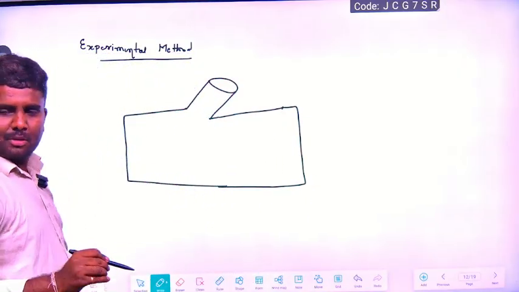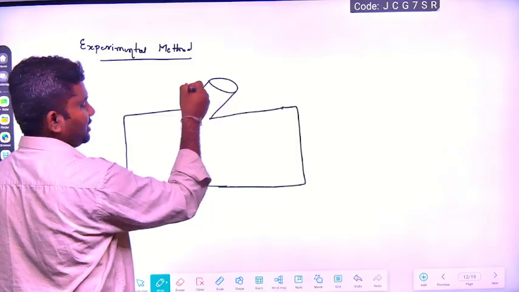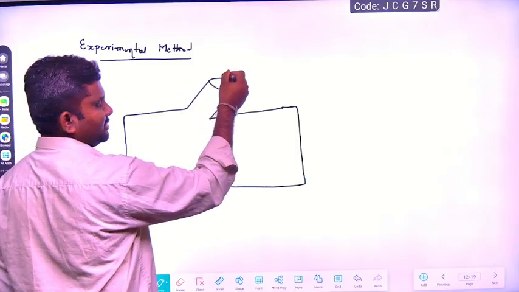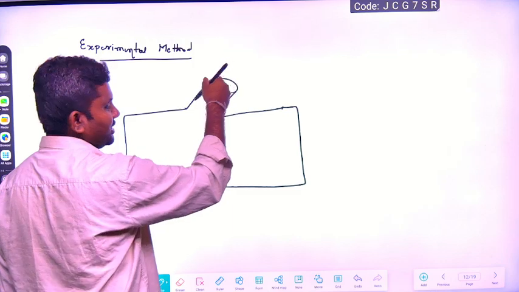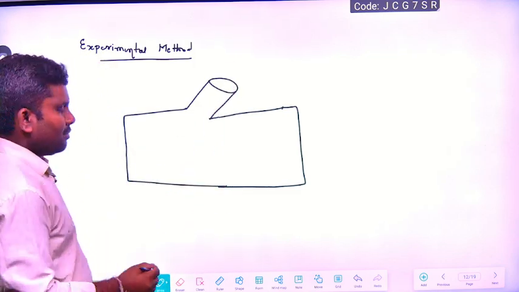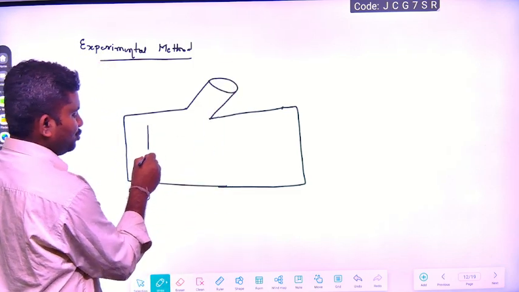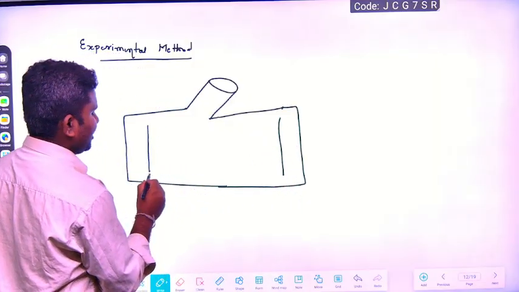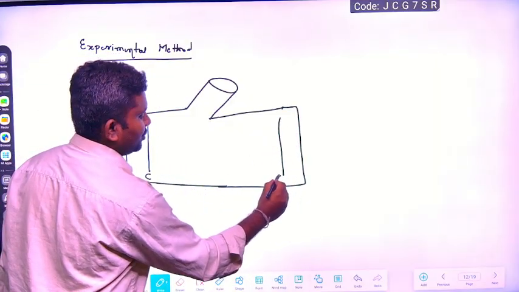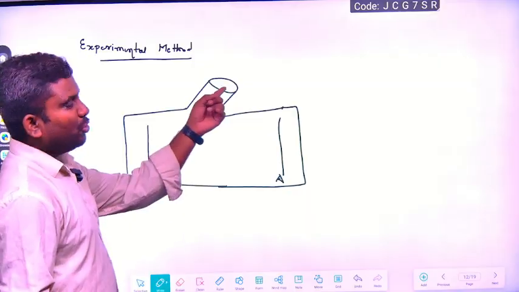This is the quartz tube, and this is a quartz inlet where the light rays will come. And we will take two rods. This is one rod, this is another rod. This is the cathode and this is the anode.